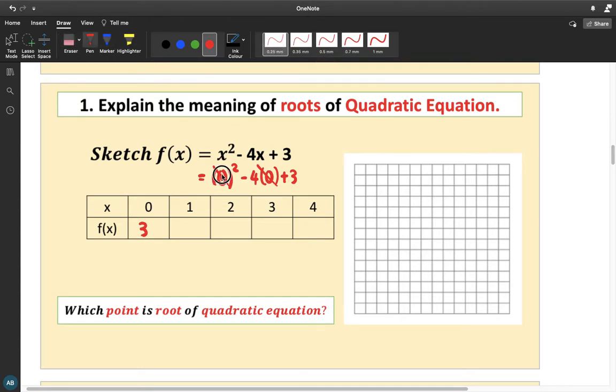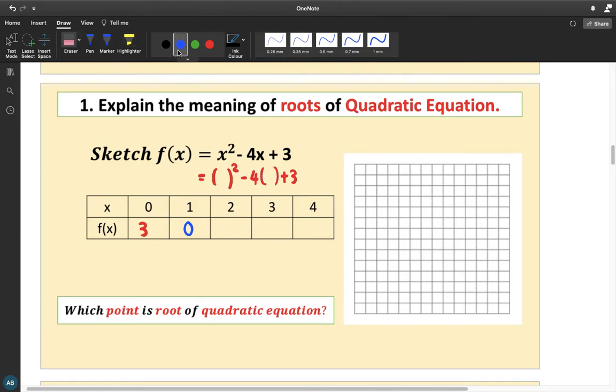Alright. So what about if I have 1 kat sini? So maksudnya kita masukkanlah 1 kat sini. Okay, I put 1 here, I put 1 here. So kalau korang kira guna kalkulator ataupun guna otak korang akan dapat kosong kat sini. Okay, so next kita ada 2 pula.